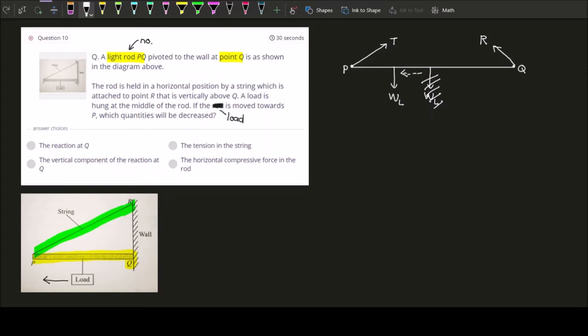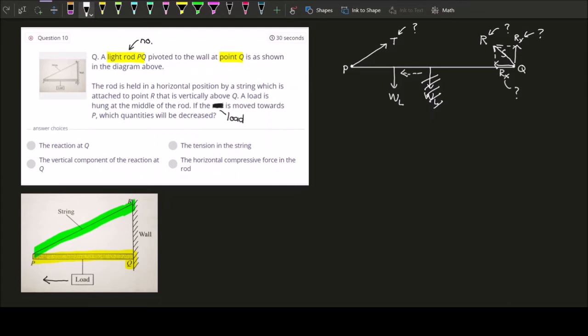Whether it will be the reaction force at Q, or it will be the tension in the string, or it will be this Ry here, the resolved component Ry, or this part where you resolve into Rx, this one decreases. So which one is decreasing? That's what the question is asking for.